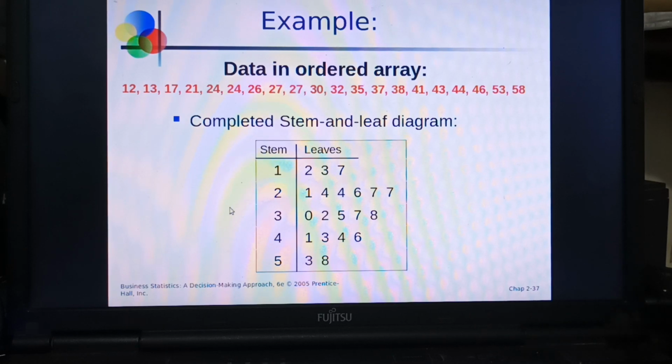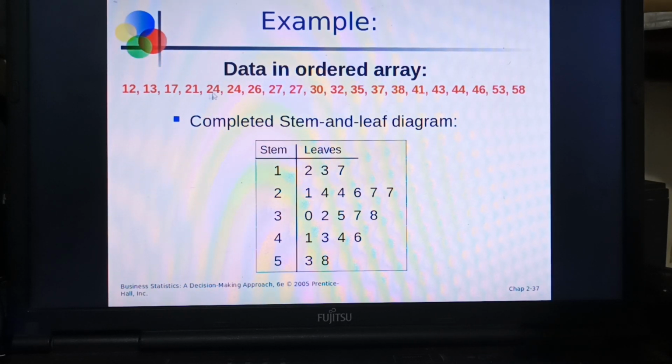Now here's the completed stem and leaf diagram. If we put them all together, for example, for the 10 category, the tens, there were 3.